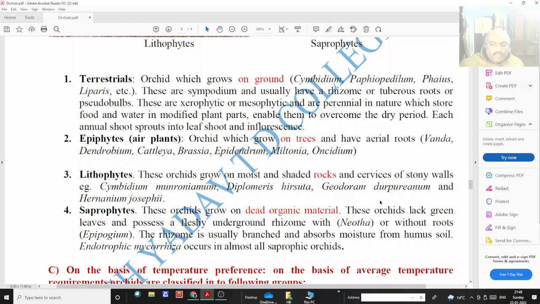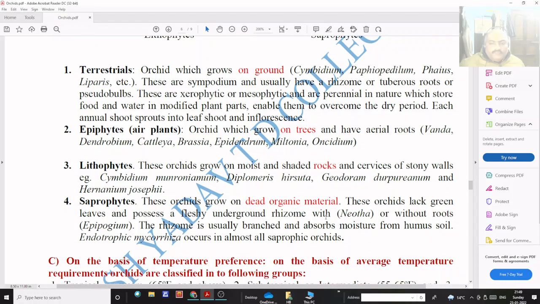In saprophytes, the important genera are Neottia and others.